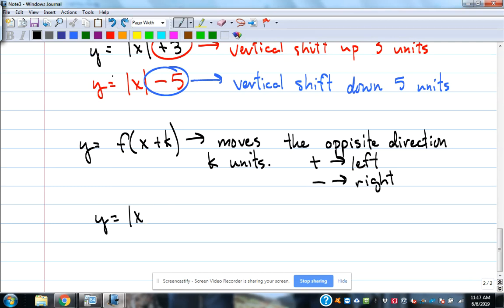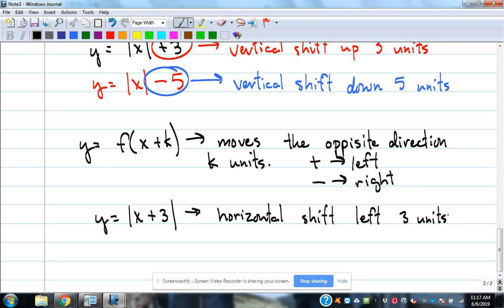Example: if we took that absolute value of x, and instead of putting the plus 3 on the outside, we put it on the inside, that's going to be a horizontal shift left 3 units. It takes the absolute value graph, the V that comes together at the origin, and moves it left 3 spots.